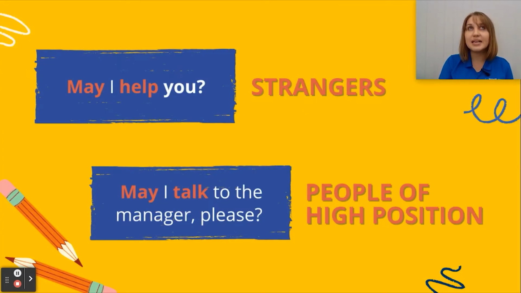And since may is a very polite form, we would usually apply this form in our conversation with strangers, that means the people that we don't know, or when we have a conversation with people of high position. "May I help you? May I talk to the manager, please?"